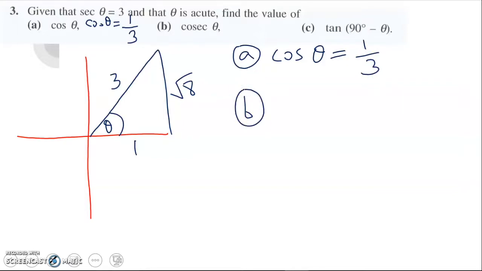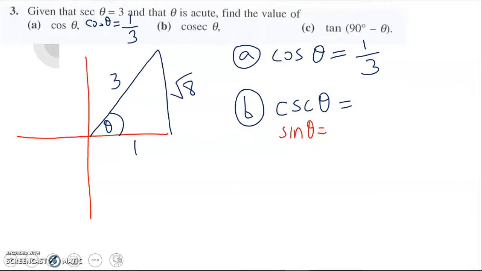B asks us to find cosecant. Now again, what I like for you to do first is find the inverse of cosecant. That would be sine. Just ask yourself, what is sine here? Right? What is sine in that diagram? It's opposite over hypotenuse.